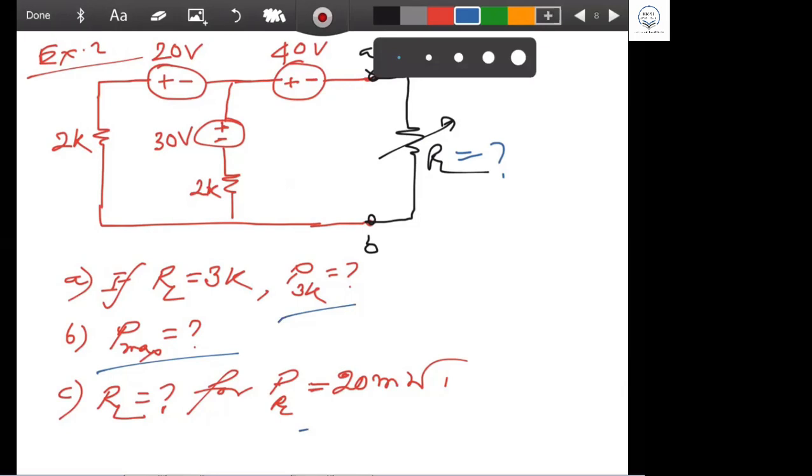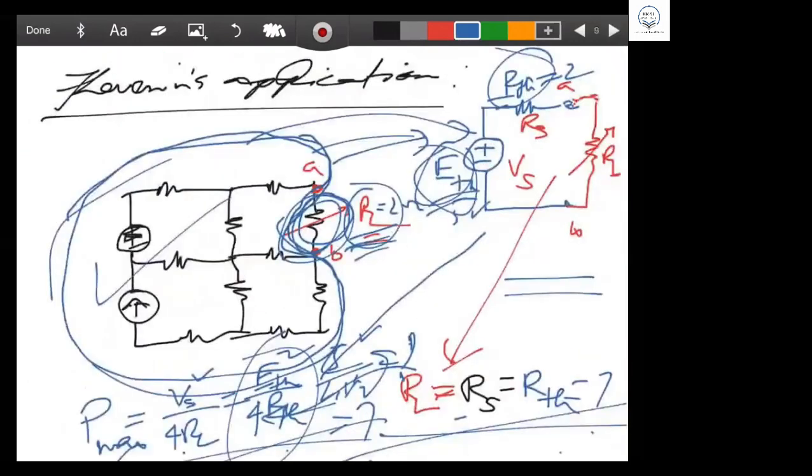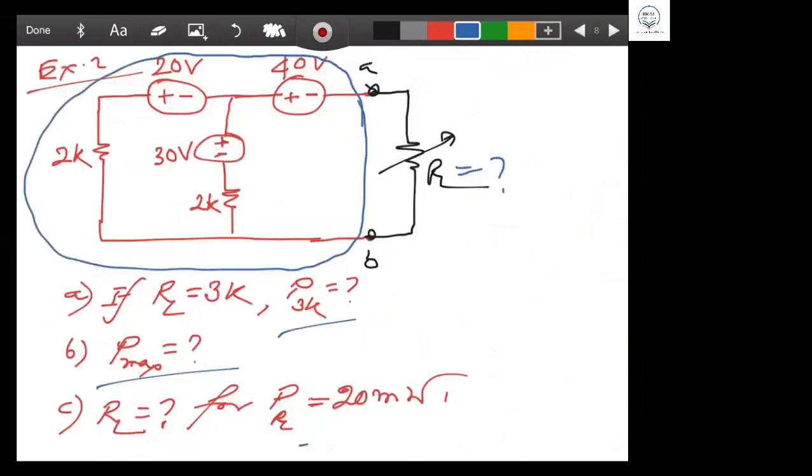So all you have to do is this. This is the complex circuit, like the blue contour. You have to find the Thevenin equivalent of the blue circuit.